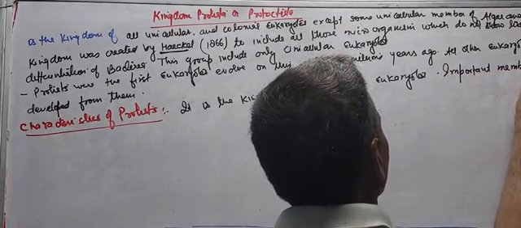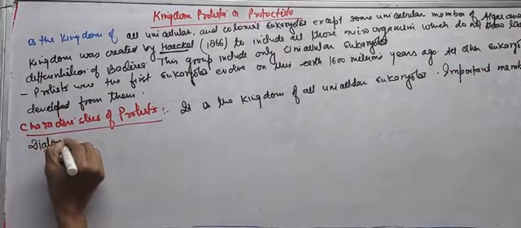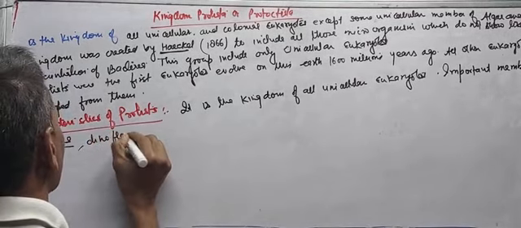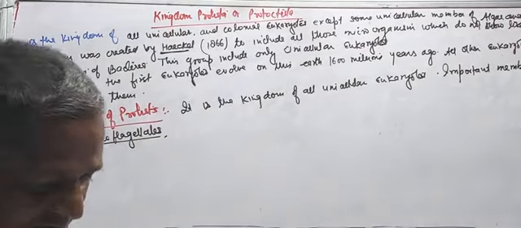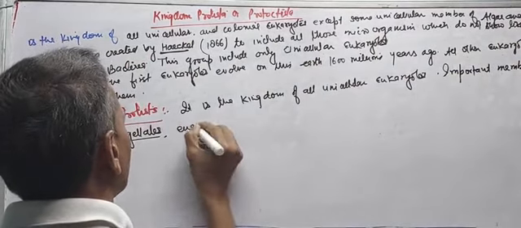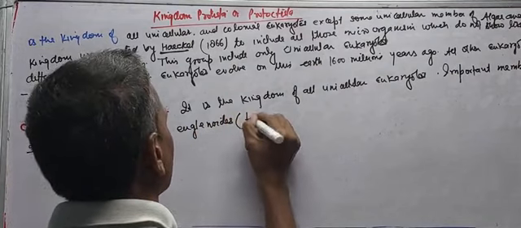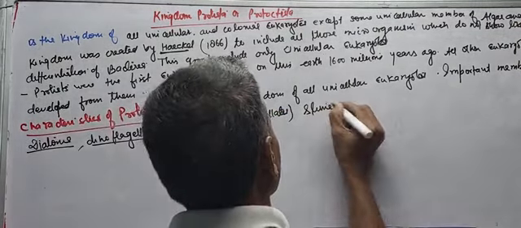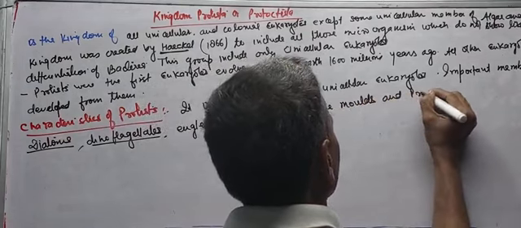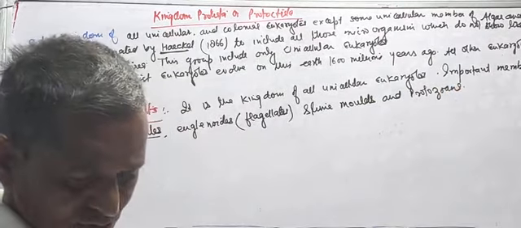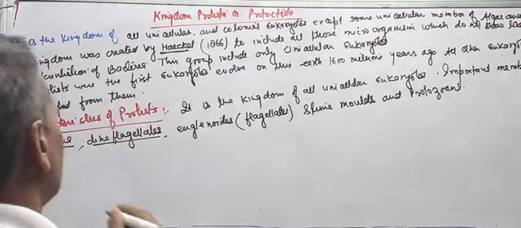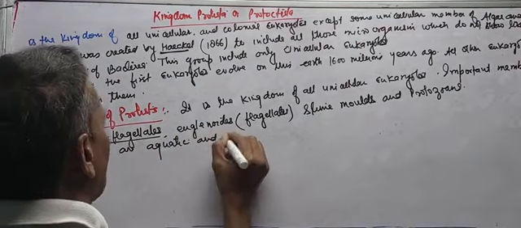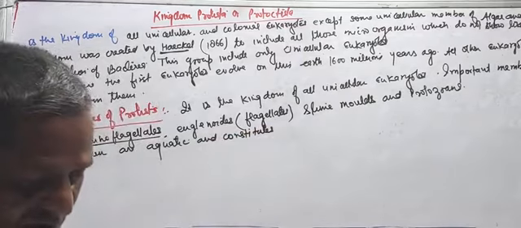Important members are diatoms, dinoflagellates, euglenoids, flagellates, slime molds and protozoans. Most of them are aquatic and constitute plankton.